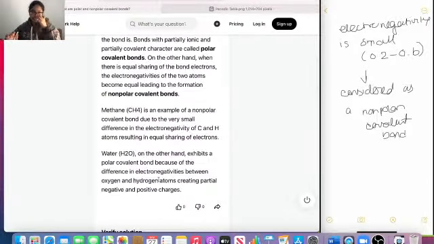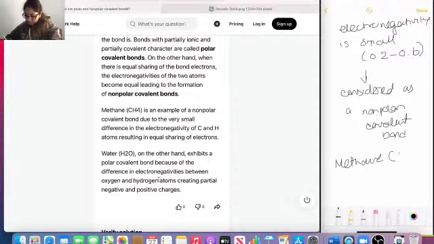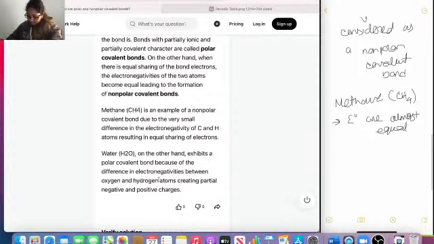So in this case, take methane, CH4. It has carbon and hydrogen, so the electronegativities between those two are almost equal.